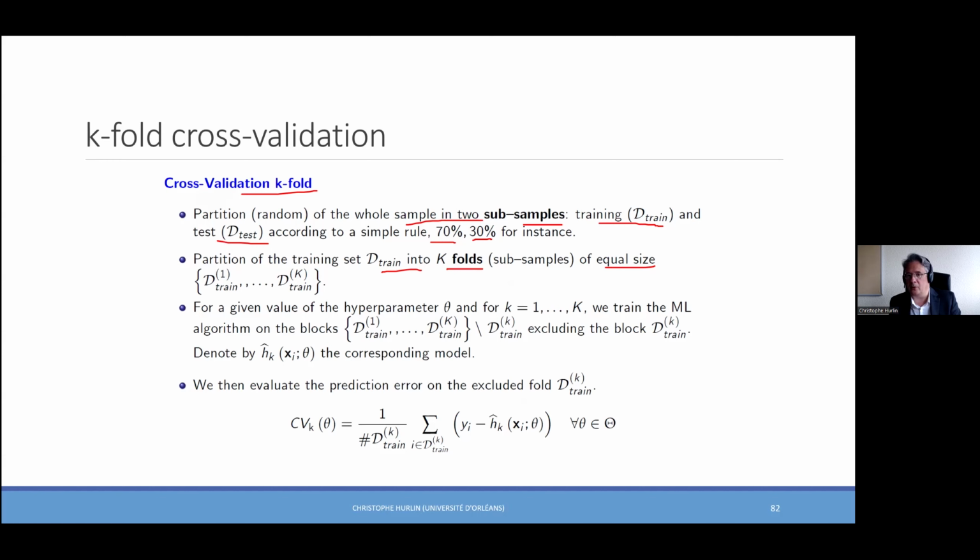For a given value of the hyperparameters, we train the machine learning model on all the folds except the K-th, so we exclude the block D train K. We compute the model, we evaluate the prediction error on the excluded fold, and we compute the cross-validation error.